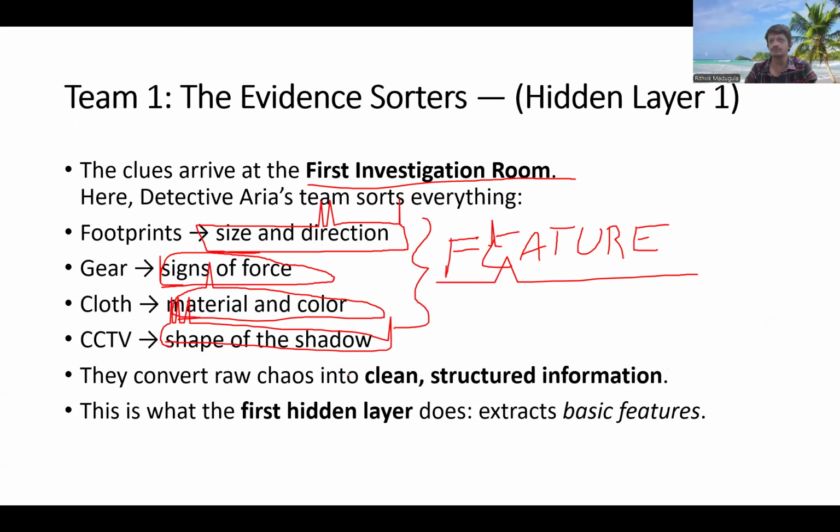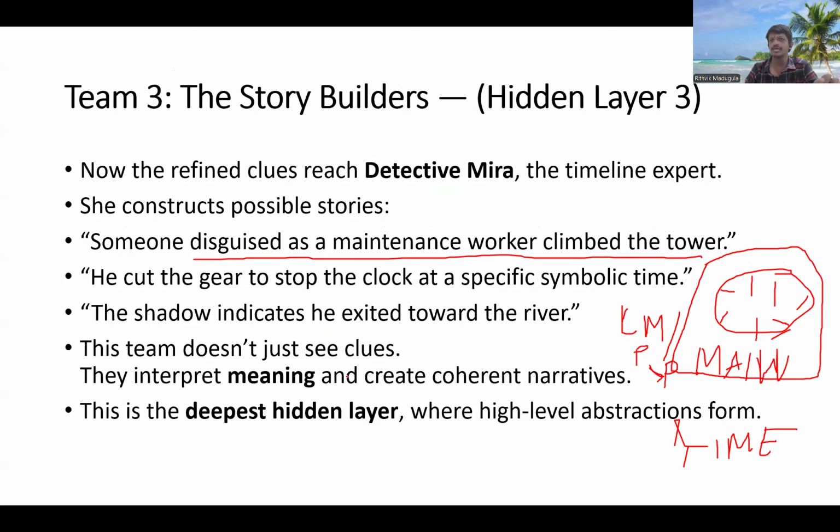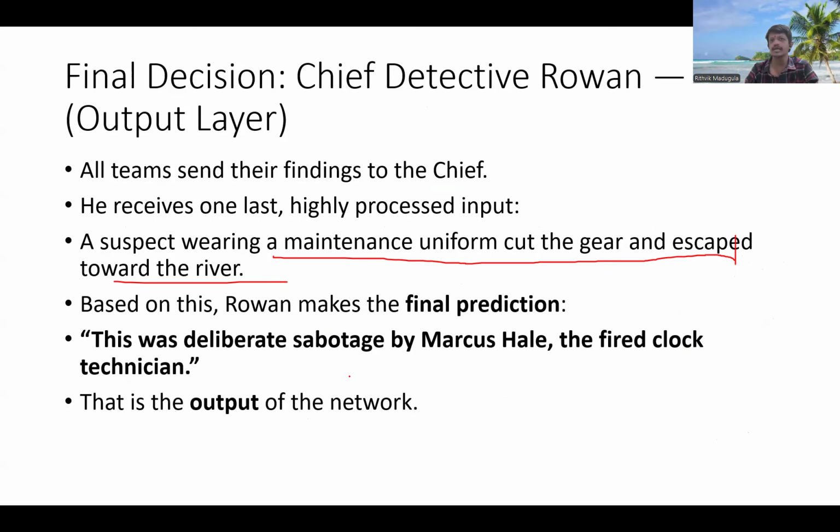From the input layer to all the hidden layers, we came up to the conclusion that the guy who has cut the gear and escaped by the river is the guy who is in the maintenance room. So this is the final conclusion that we have, based on the predictions that we have.